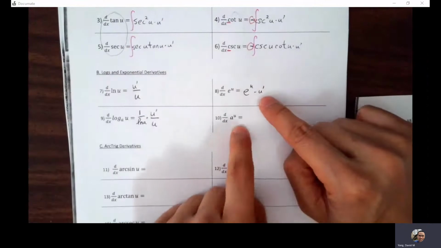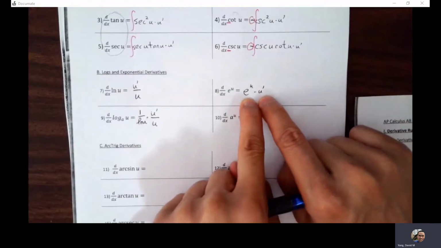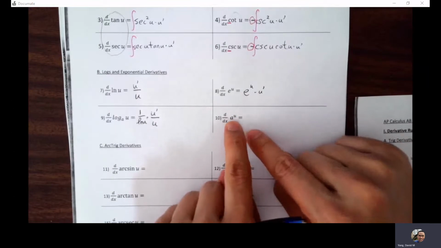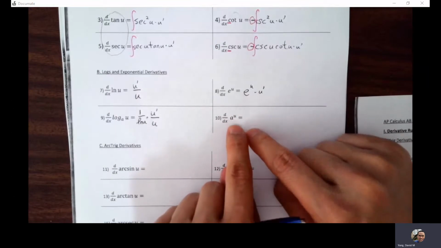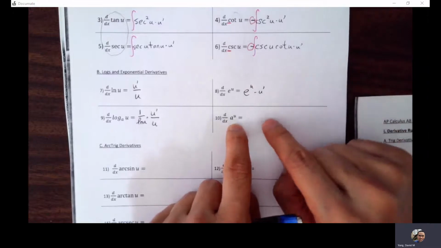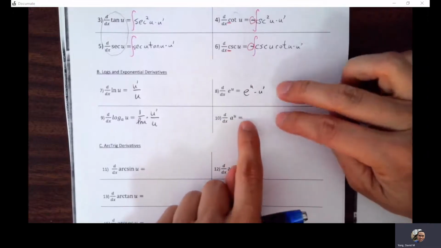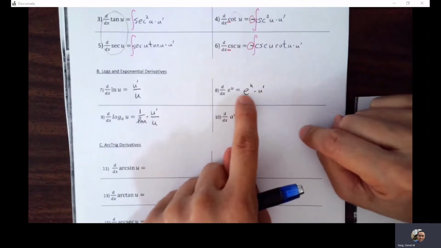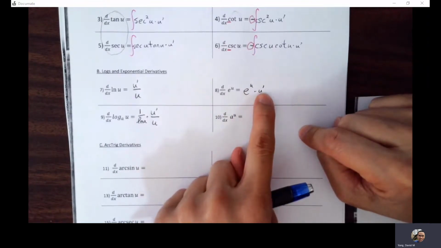Now, e to the u we know is e to the u times u prime, just the original function times the exponent's derivative. A to the u is an exponential function that's base a. So it could be base 2, could be base 3, could be base 5. So I want to put these above each other to show that these are very similar to each other. e to the u is the original function times the exponent's derivative.